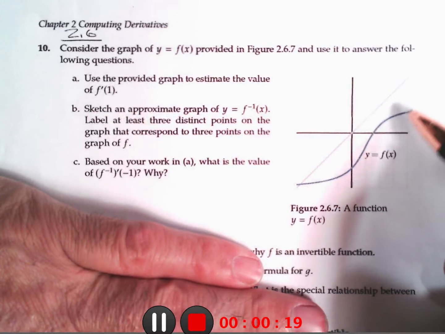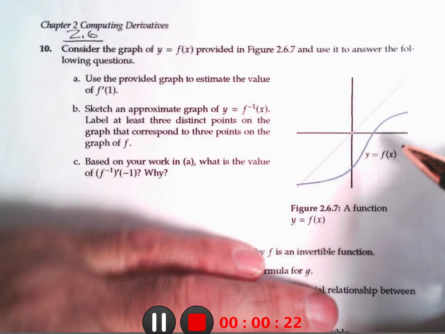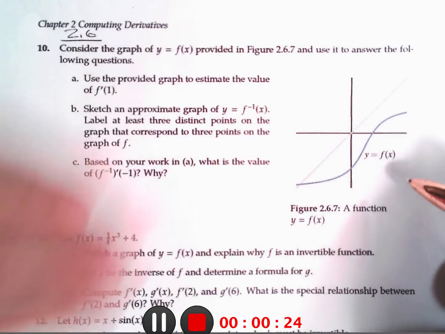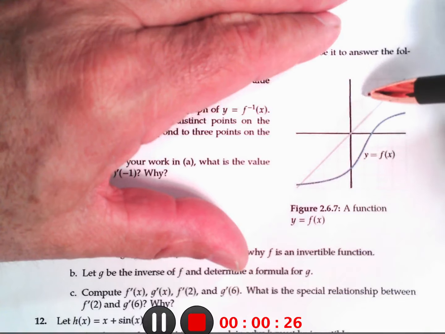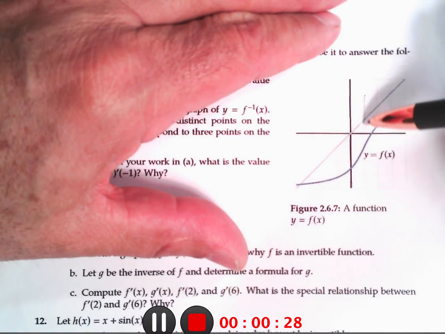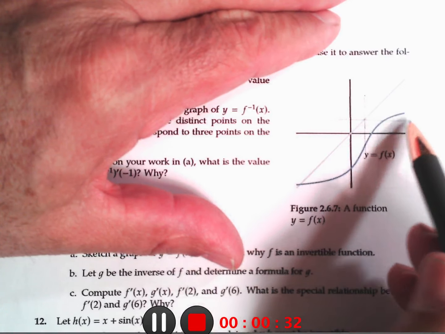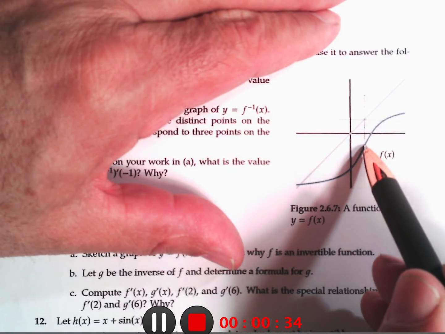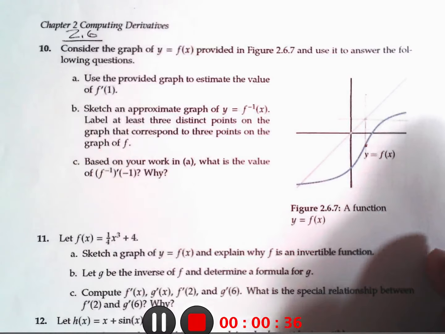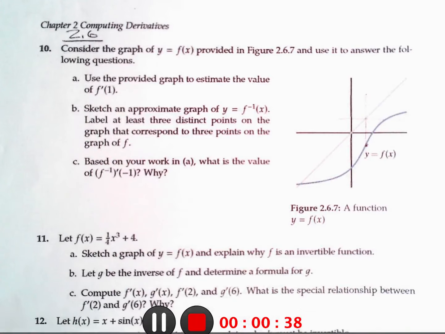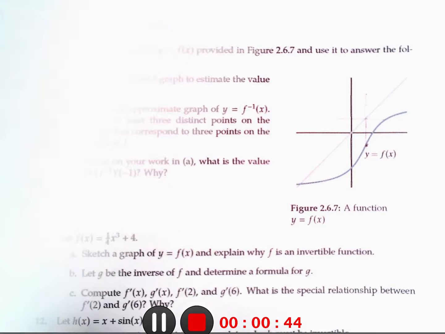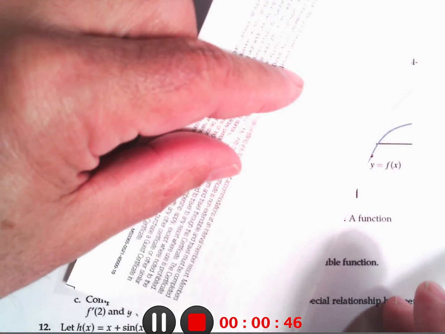It's kind of hard for you to see it on this because it is so light, but here's 1, and here's 1 this way. But f prime of 1 is right about there. If I use a straight edge, a piece of paper here, I want to make a line that looks like the slope of that.